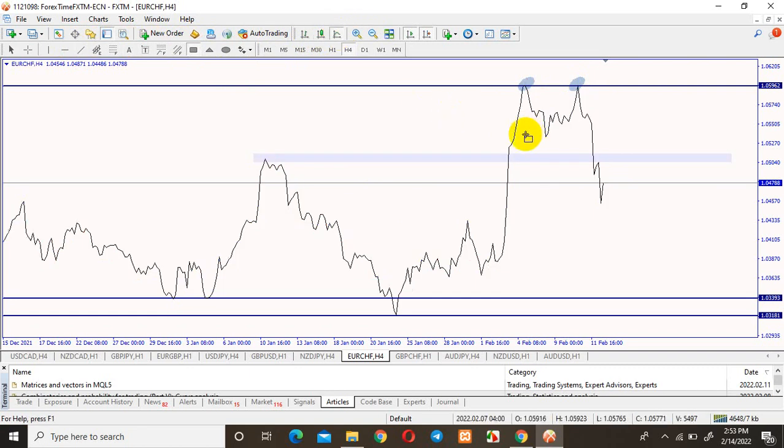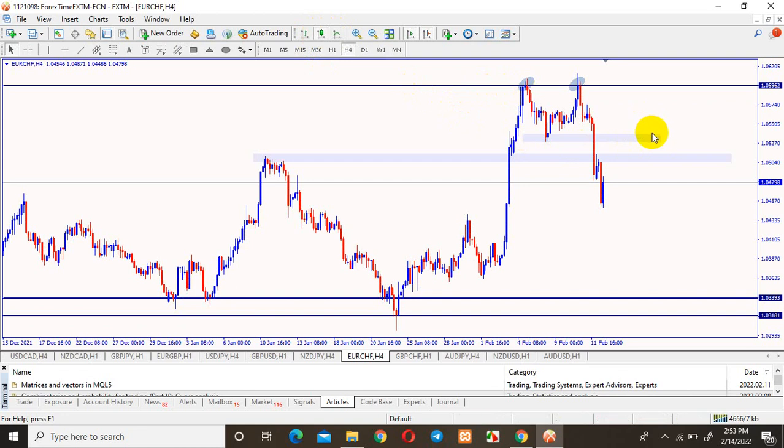These are the two zones. We are expecting a retracement. So from here, we'll look at price action at this point. When price approaches here, we can take a sell, or this zone.